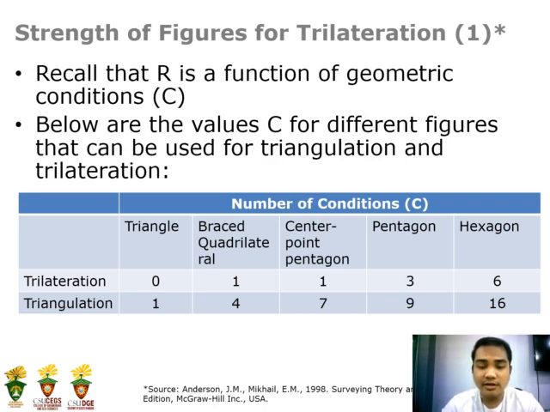And for a hexagon, in trilateration C is equal to 6, and in triangulation C is equal to 16.